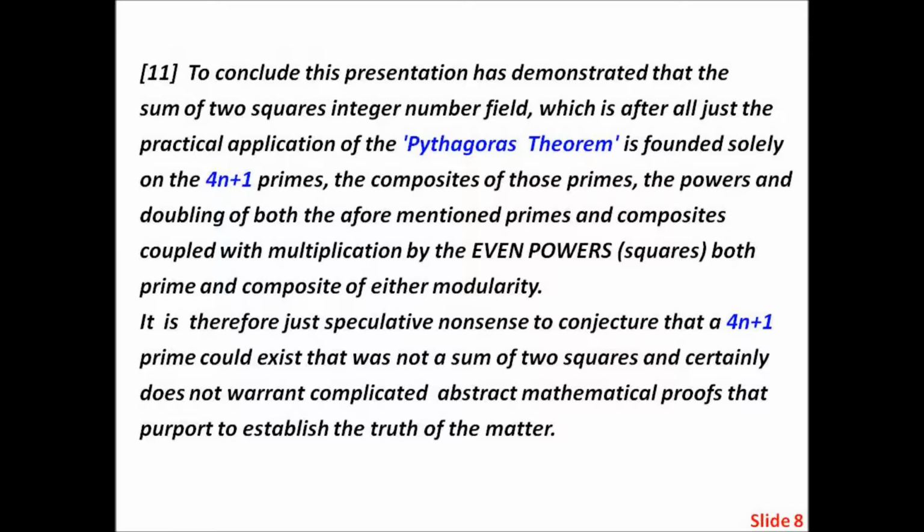It is therefore just speculative nonsense to conjecture that a 4n plus 1 prime could exist that was not a sum of two squares, and certainly does not warrant complicated abstract mathematical proofs that purport to establish the truth of the matter.